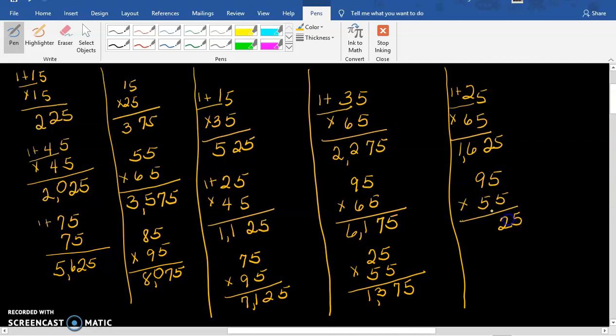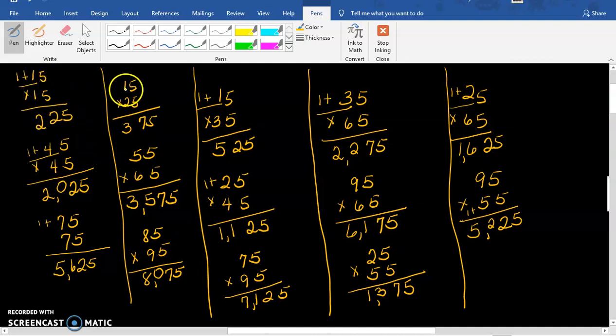Add 1 to the smaller tens digit. 1 plus 5 is 6, times 9 is 54, minus 2 is 52. So therefore, 95 times 55 is 5,225.